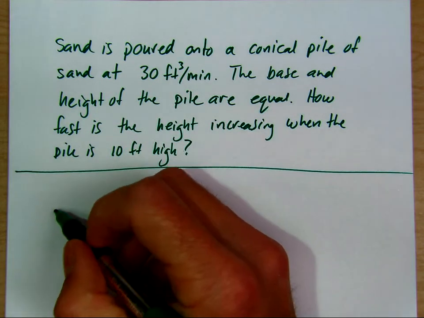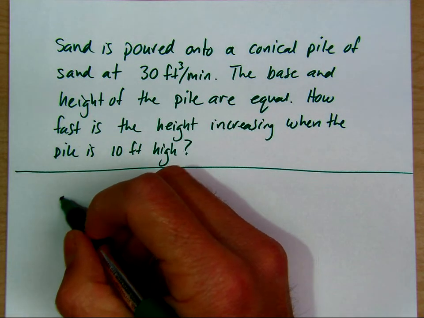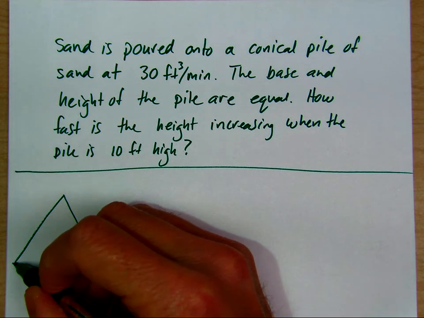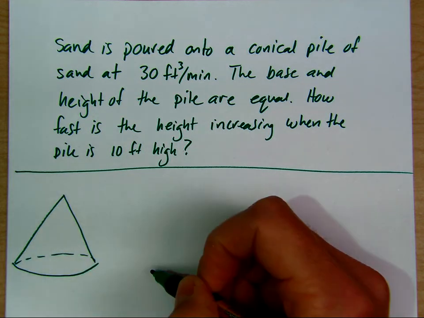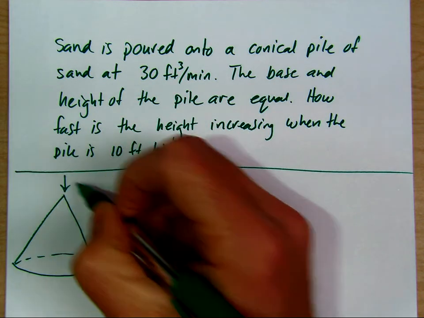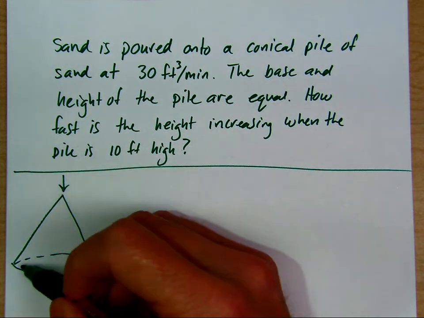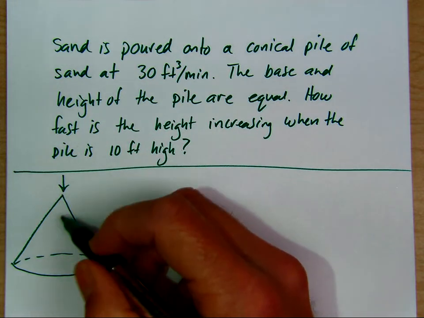So there's a pile of sand that makes a cone. And we have sand being poured onto it. So as more sand is poured, it gets wider and higher.